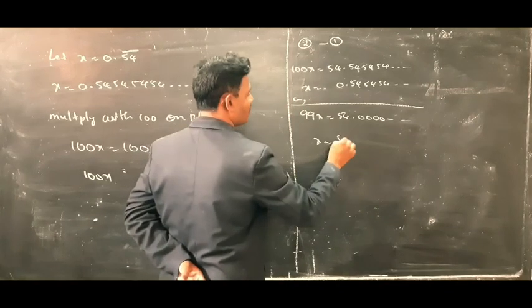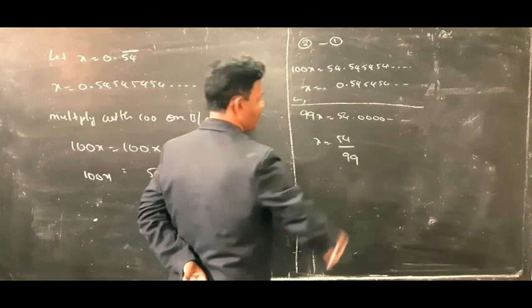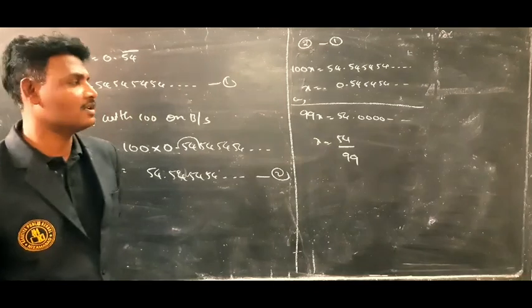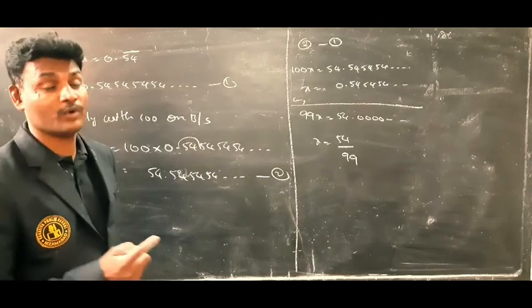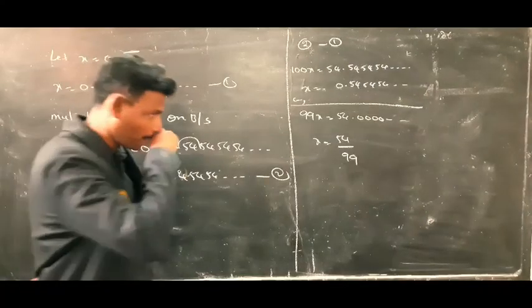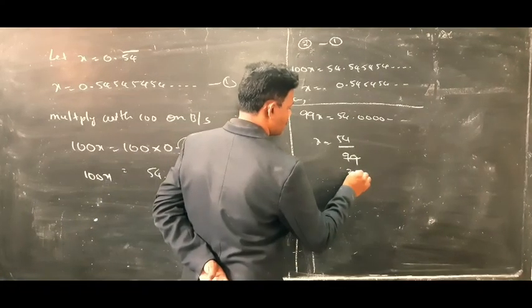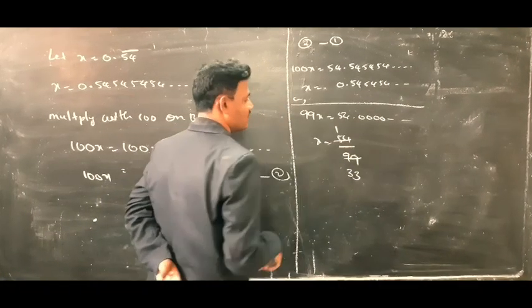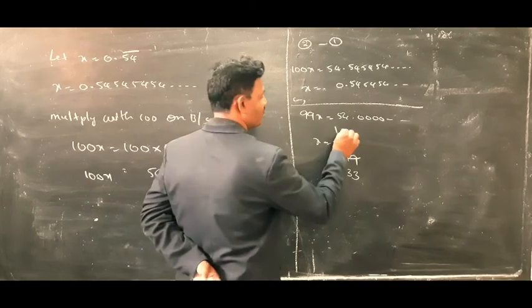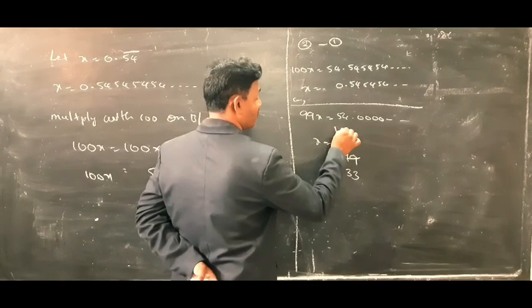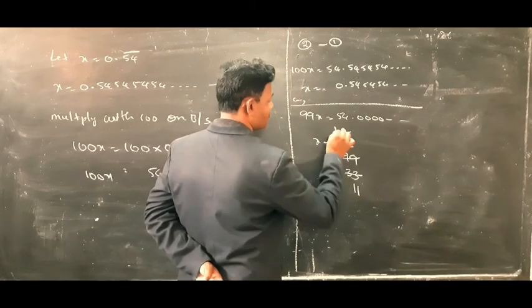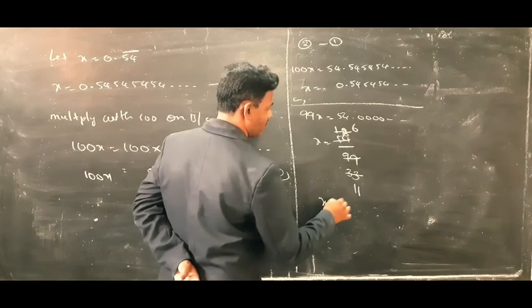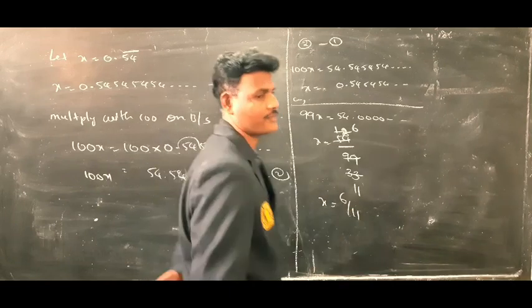Then x is equal to 54 by 99. So the rational form of 0.54 bar is 54 by 99. Simplifying, 3 1s are 3, 3 6s are 18, so x is equal to 6 by 11.